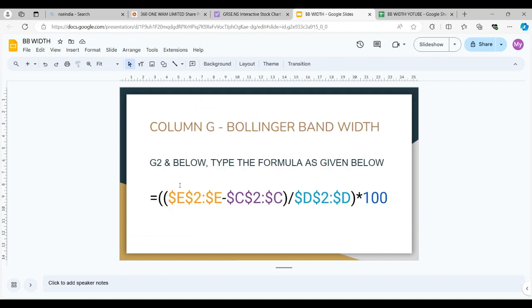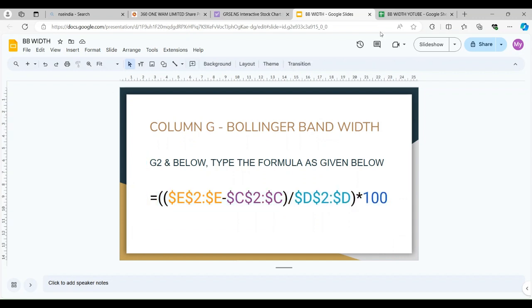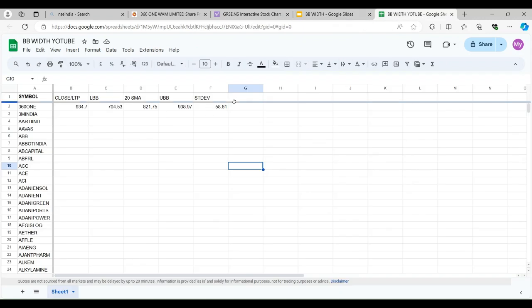Now, Bollinger bandwidth. Again, small formula. So bandwidth, I'll write BB width.